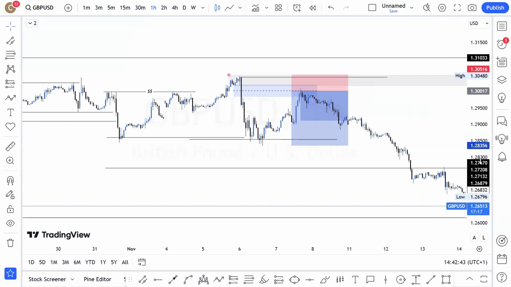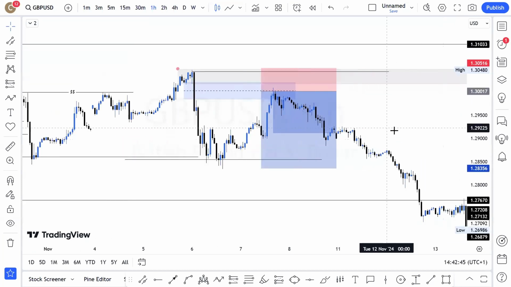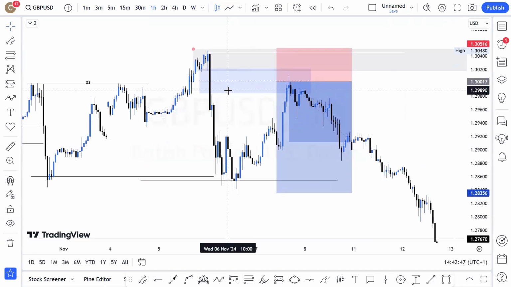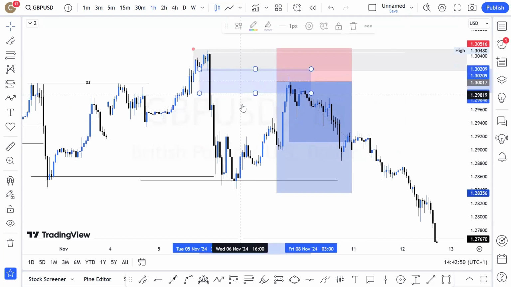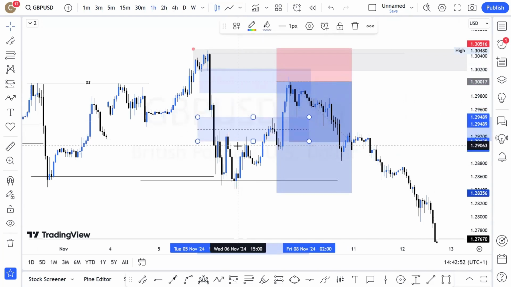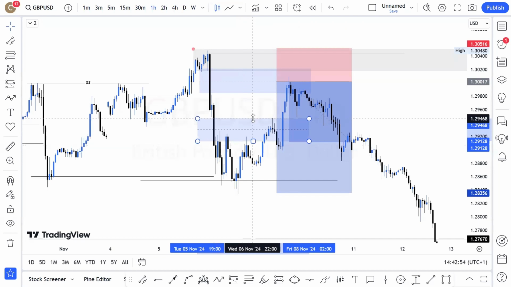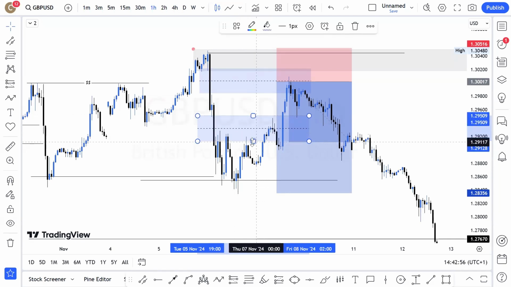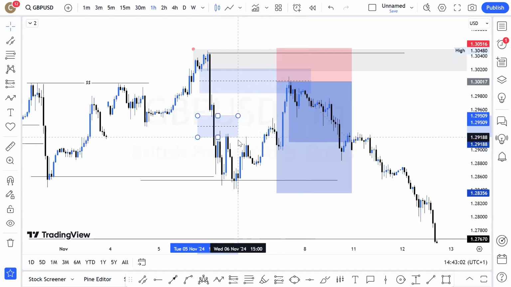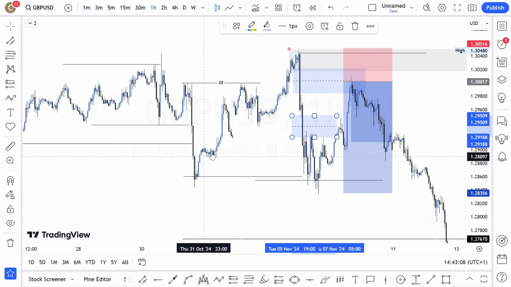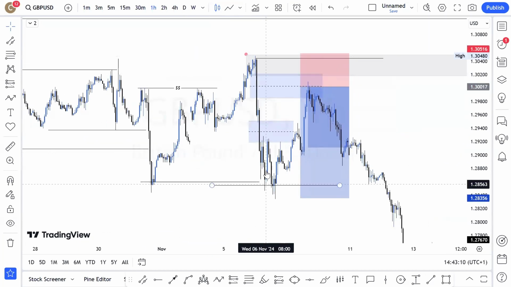Okay. Very important question, honestly speaking. Like in this order now, we have two fair values. You have another one here. It's another one on this zone. Now, when you have this kind of scenario, you consider the one that is closer to the order block, which is the origin of that impulse move.